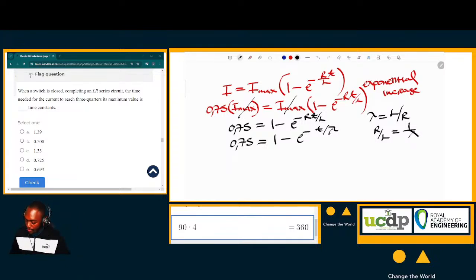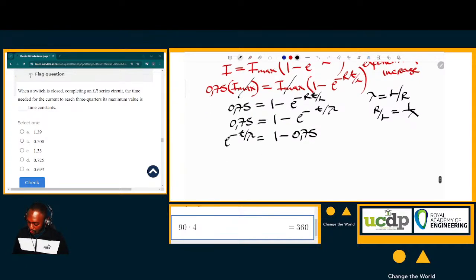Okay, so now if we rearrange this expression, you would have 1 minus 0.75 equals, if you take this to the other side, it becomes positive, e to the negative t over the time constant.